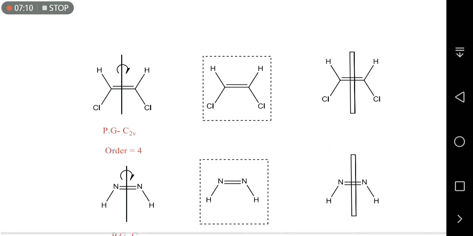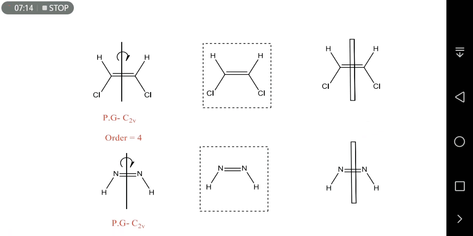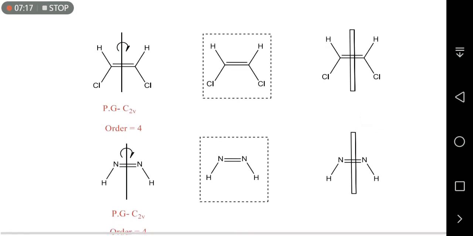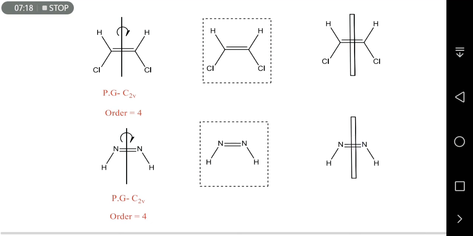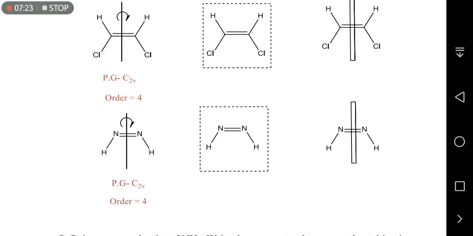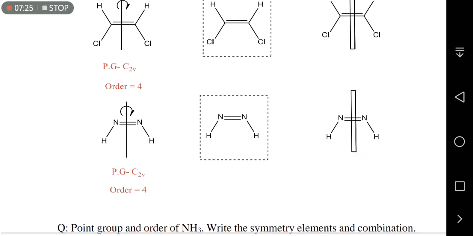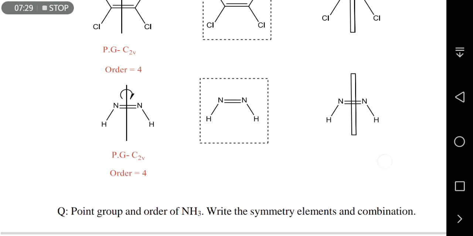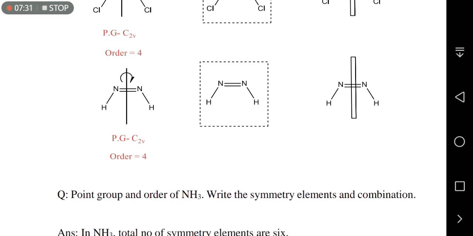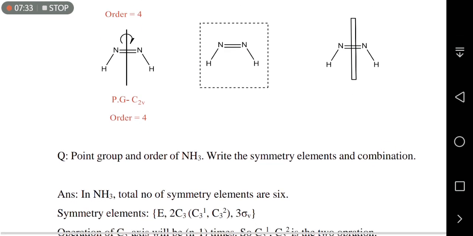There is one C2 axis of symmetry present, and two vertical planes are also present. So such type of molecule has the C2V point group. You can identify by yourself, and please try to write all the symmetry elements and view all these molecules in 3D. Just try to imagine all these molecules in front of you.